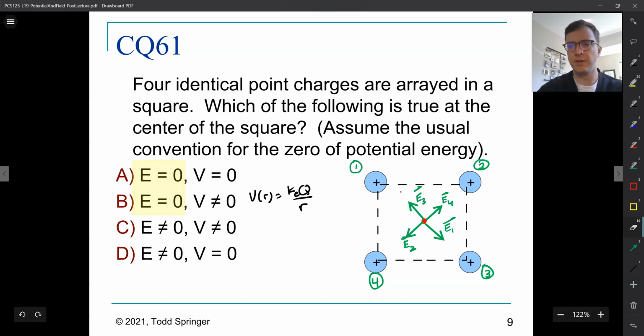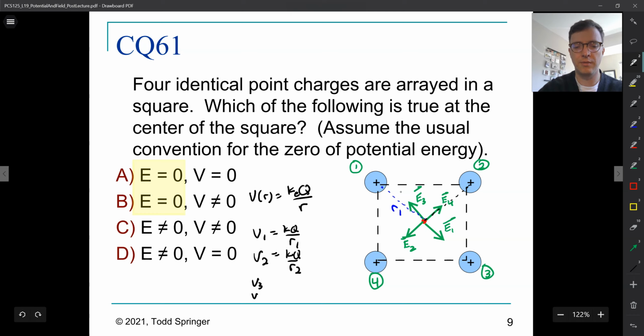So I would say V1 is KQ over R1. R1 is this distance here, right? And then I would have the same thing. V2 is KQ over R2, and it's the same distance. So that's this distance here, and so on.